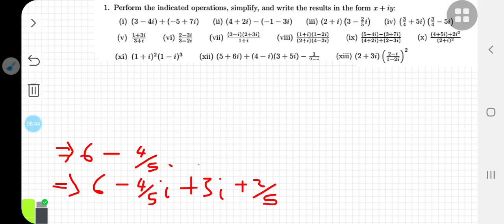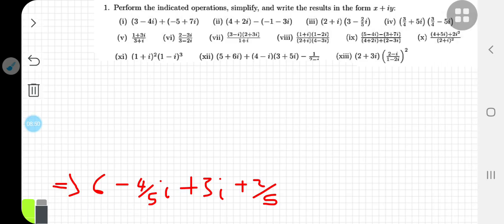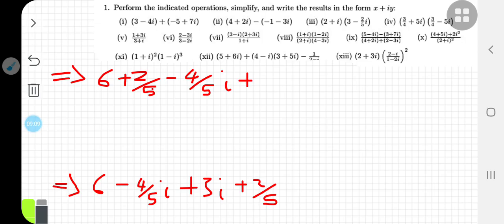Let me just try to erase this part. So from here, we just say 6 plus 2 over 5, minus 4 over 5i, plus 3i.